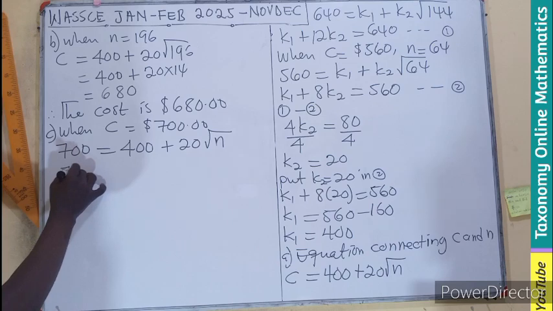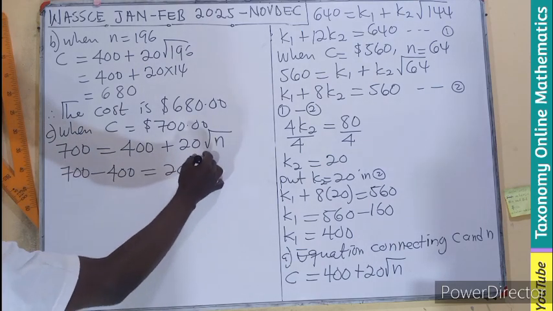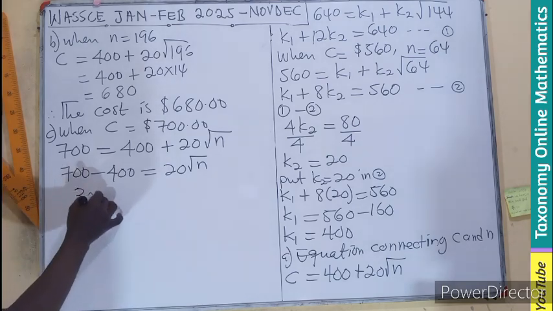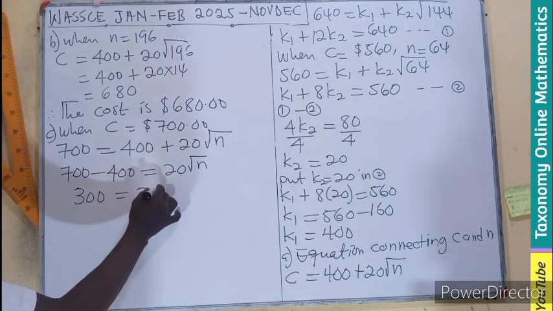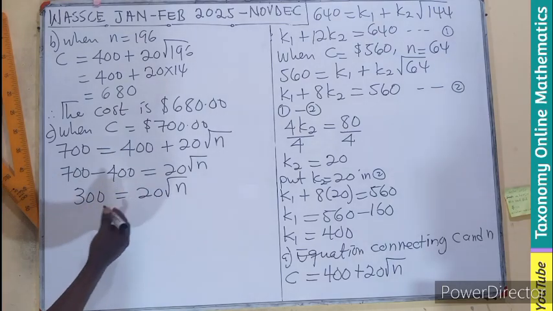We'll have 700 minus 400 equals 20 root N, and this will give you 300 equals 20 root N. Divide both sides by 20.